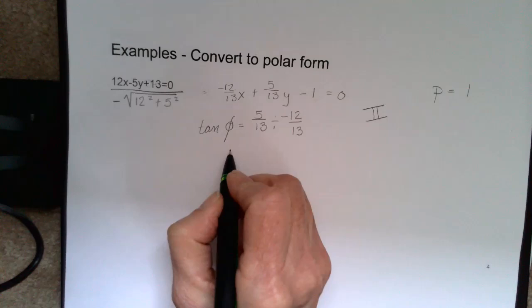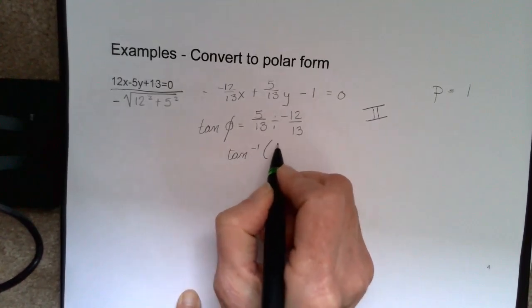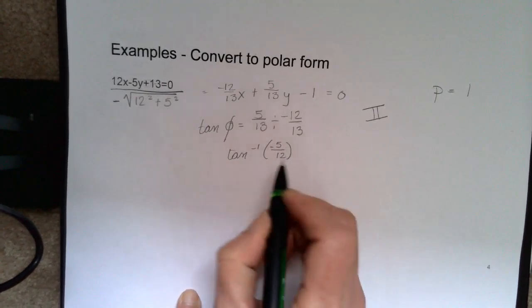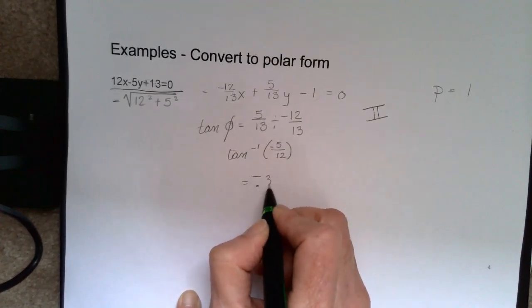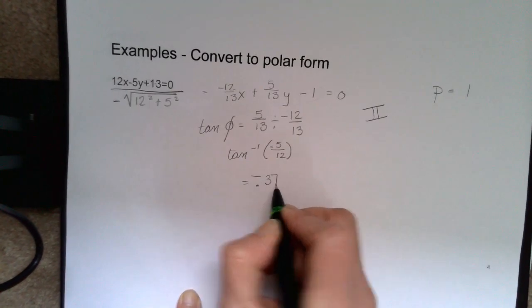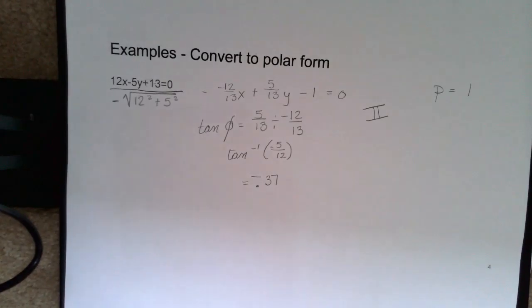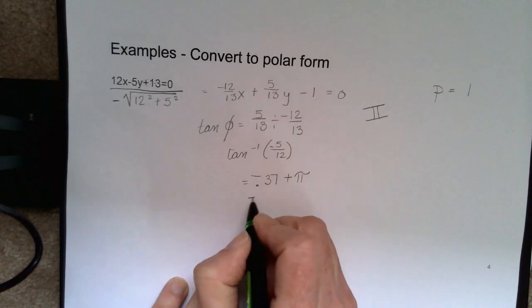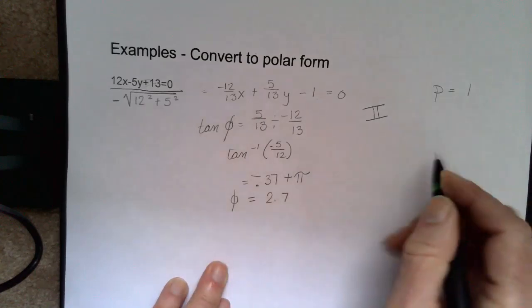When I do the inverse tangent, remember in radians, of negative 5/12, it's going to give me a negative 0.37. That's in the fourth quadrant. I want it in the second quadrant, so I have to add pi to it, which gives me 2.7. So that's going to be your phi value.